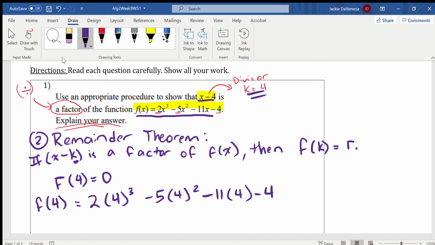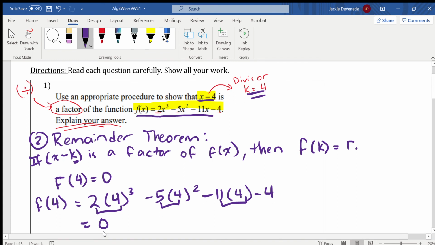Now, if you use your graphing calculator, or if you plug it in bit by bit, like if you did this part, and this part, and then you put them all together, you're going to find that it ends up being a 0 at the end.